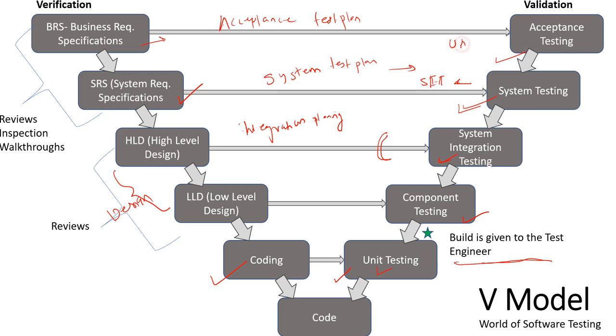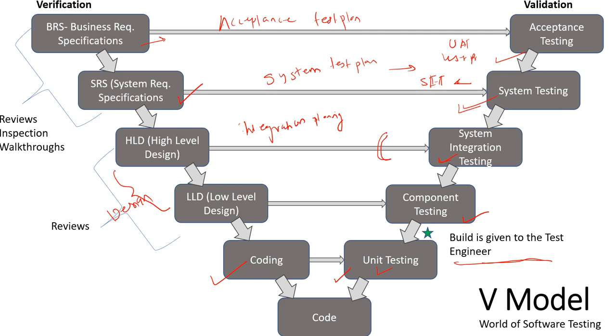Then here comes the UAT environment. So this is basically a replica of the user environment, that is a production environment. It also discovers the non-functional issues such as load and performance defects in the actual user environment. So this is basically acceptance testing.